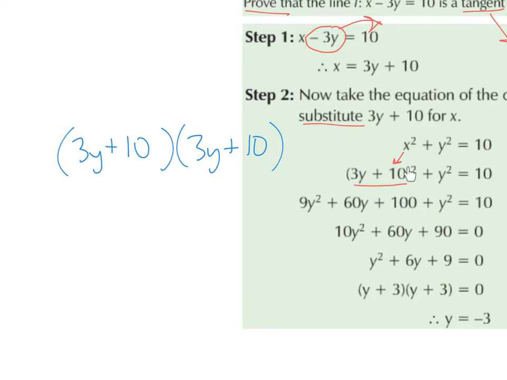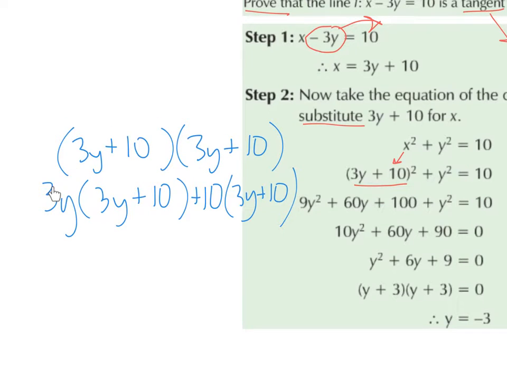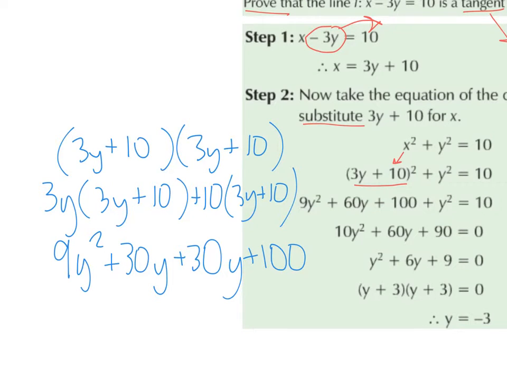So 3y plus 10 squared is the same thing as 3y plus 10 multiplied by 3y plus 10. So we bring down the 3y, we stick on the 3y plus 10, we bring down the plus 10, and we stick on the 3y plus 10. So 3y by 3y is 9y squared, 3y by plus 10 is 30y, 10 by 3y is 30y, 10 by 10 is 100.